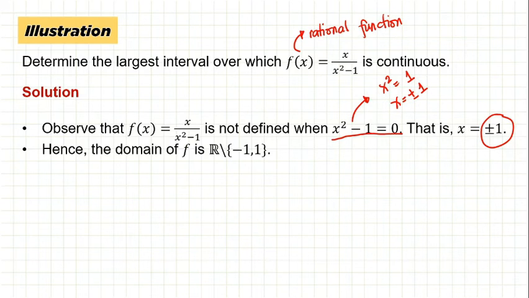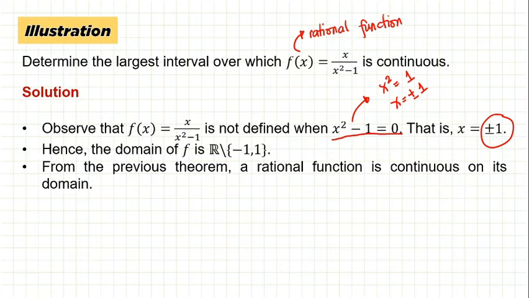So therefore, hence the domain of f is the set of real numbers except the set containing negative 1 and 1. Now, from the previous theorem, a rational function is continuous on its domain.